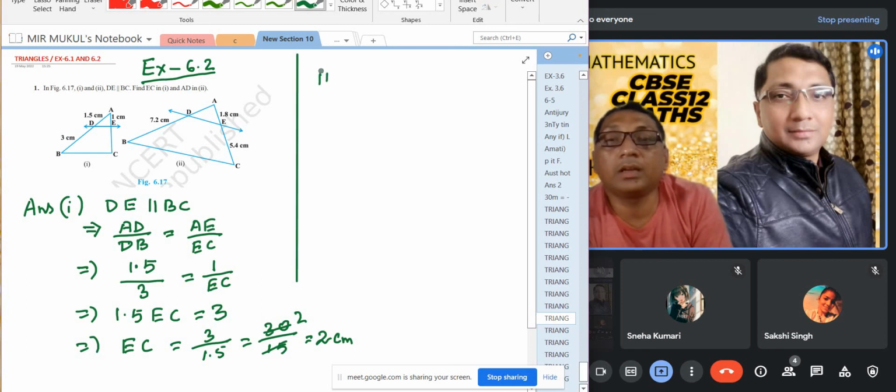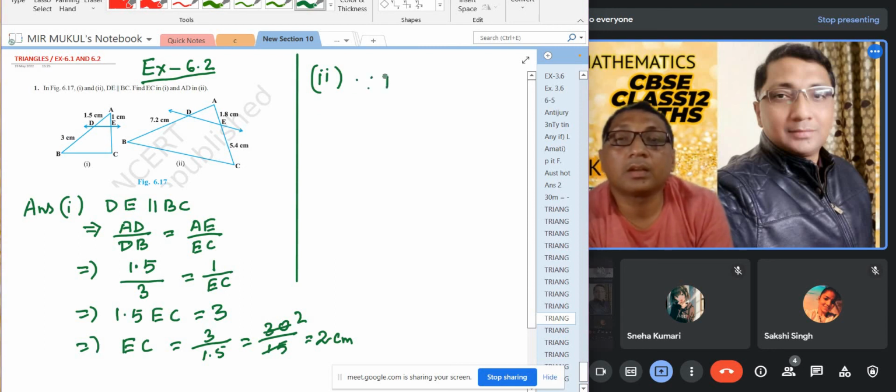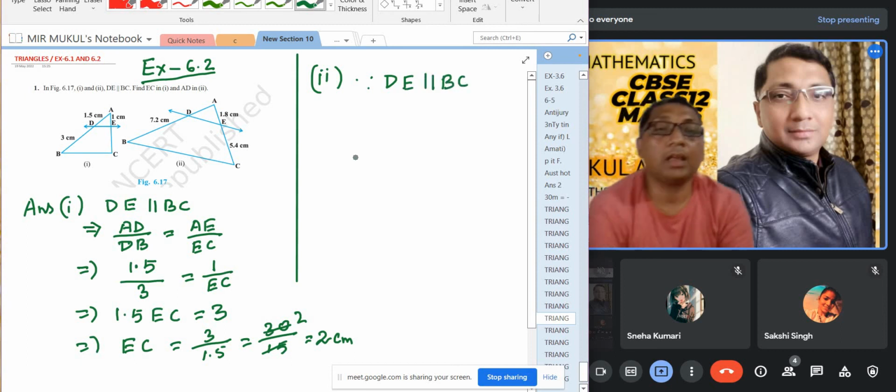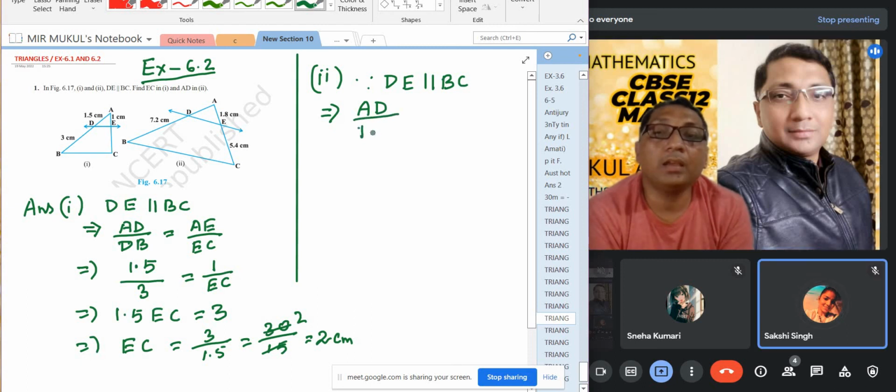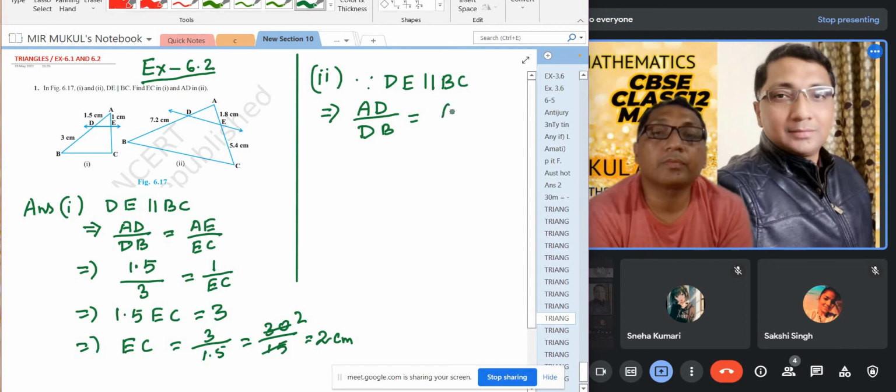So the second one. Since DE is parallel to BC, right? DE parallel to BC, so what can we say? AD by DB equals AE by EC.